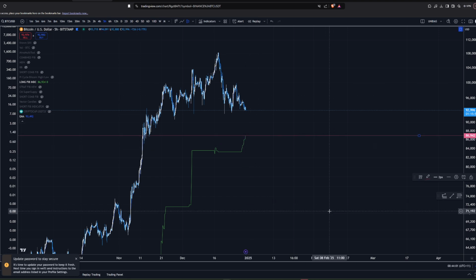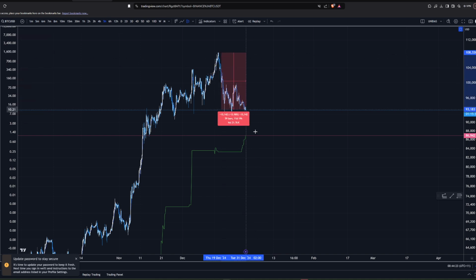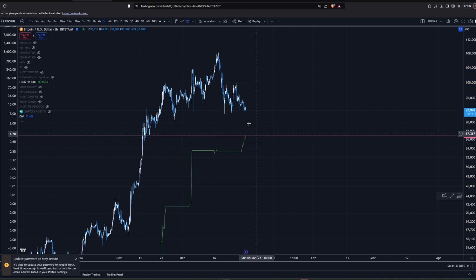It's approximately at the 86 or 86.9, 87K region. So I'm expecting the price to at least drop to this level, because from other measurements we saw that the price might go down to the 83K region, right? And down to this level, 86, I think there could be further downside into this area.